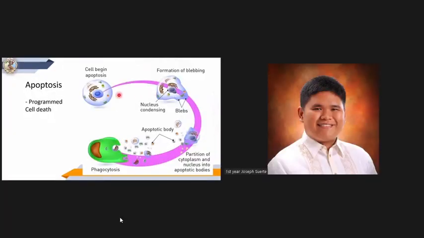In apoptosis, there are signals sent to our cells where the ordered destruction begins through condensation of our nucleus, formation of blebs, and then formation of the blebs into apoptotic bodies, which are then phagocytized. And then these raw materials are recycled to make new cells.